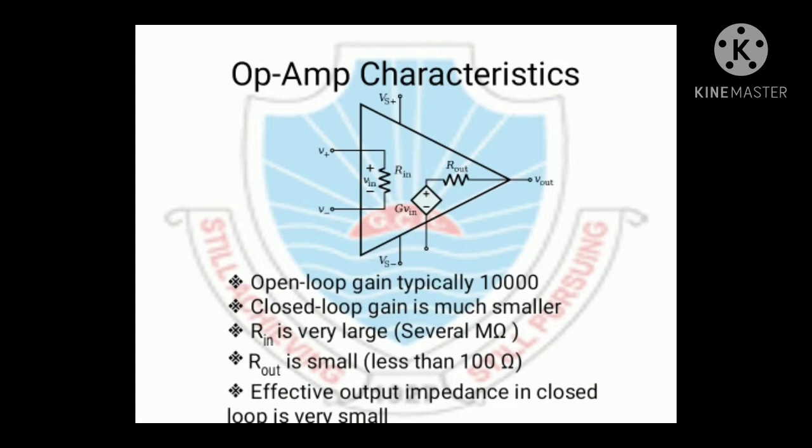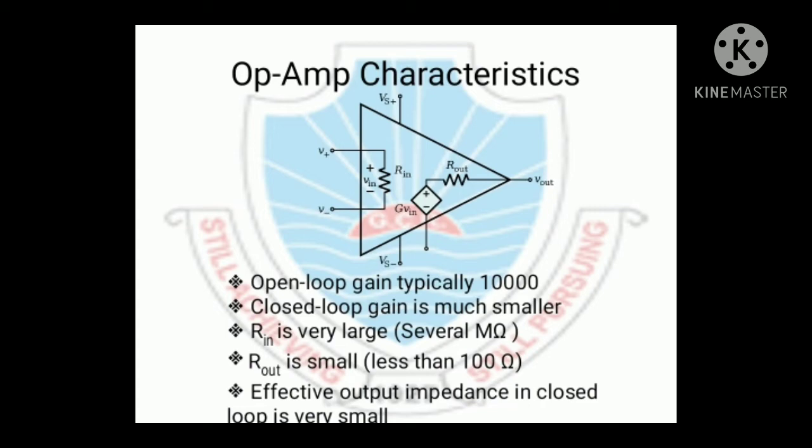So these are some practical values of an op-amp. The open loop gain of a typical op-amp is about 10,000. So it is very high open loop gain.